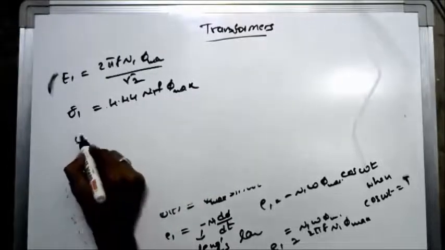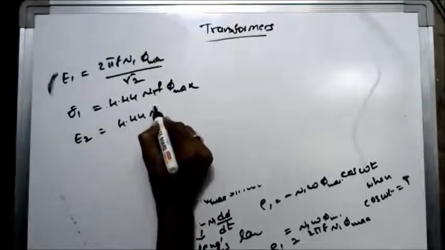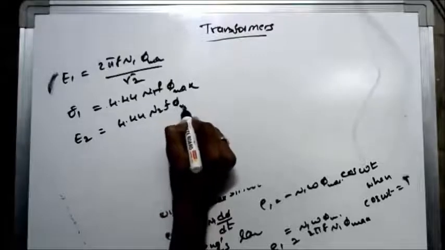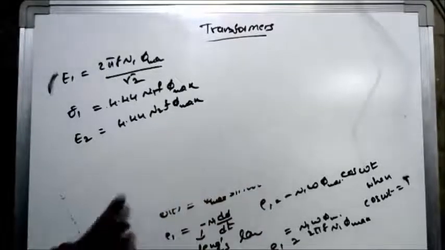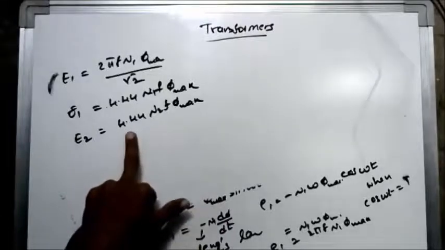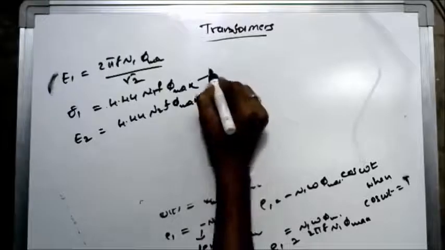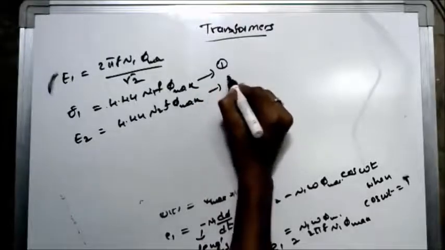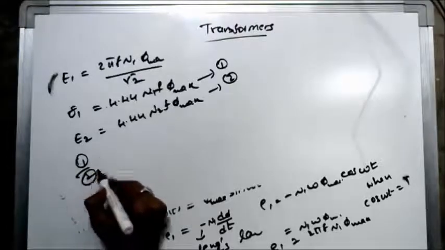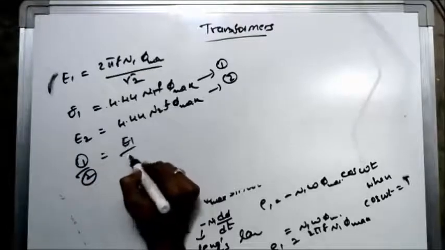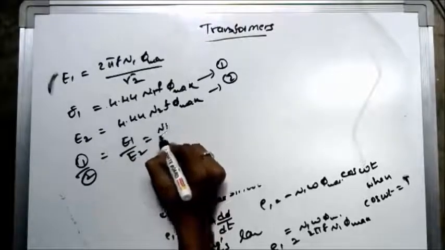Similarly, the induced voltage in the secondary is also 4.44 N2 f phi maximum. Since the same phi links the primary and the secondary, we have directly written 4.44 N2 f phi maximum. So this is 1 and 2. Divide 1 by 2, E1 by E2 is equal to N1 by N2.